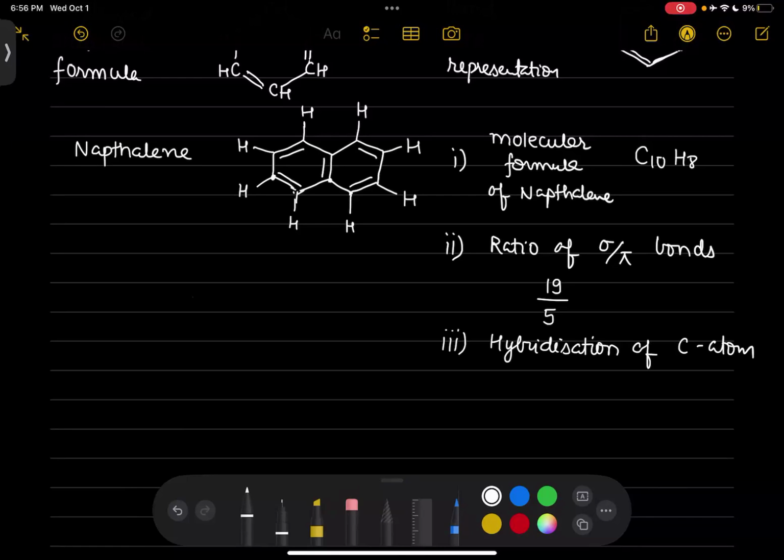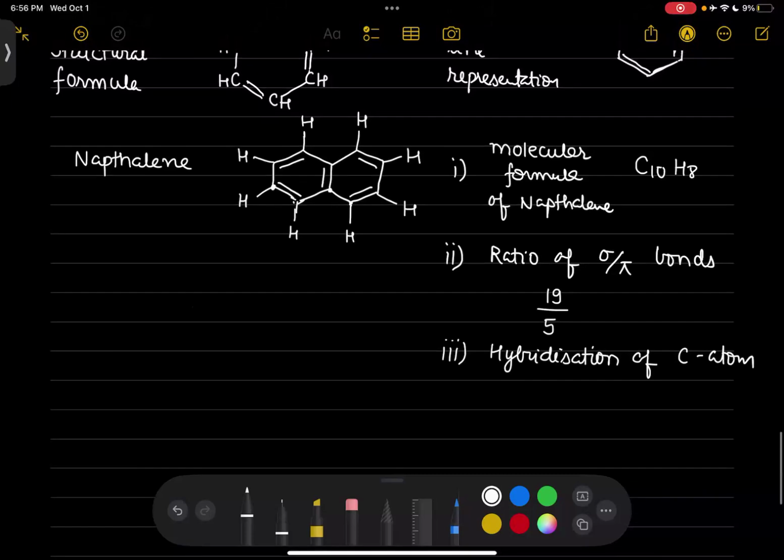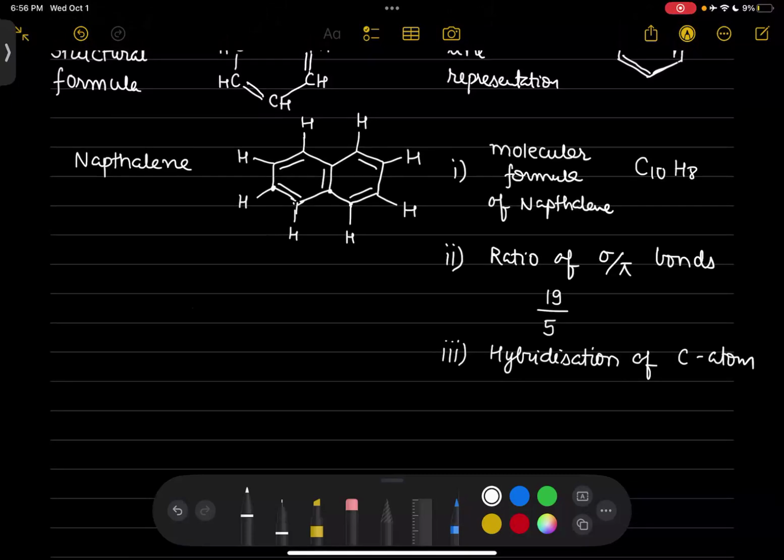Just one carbon. What is the hybridization? Yes, sp2, absolutely correct.